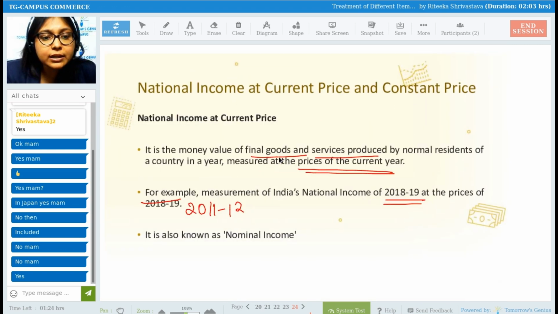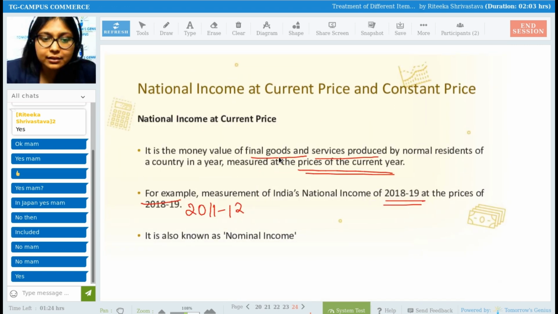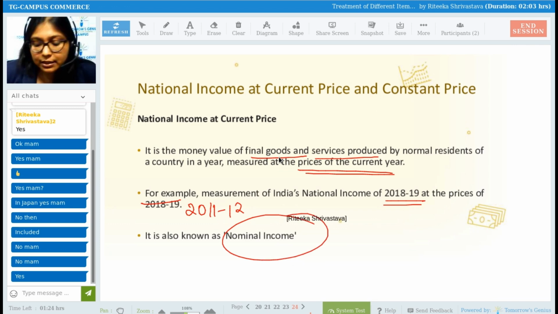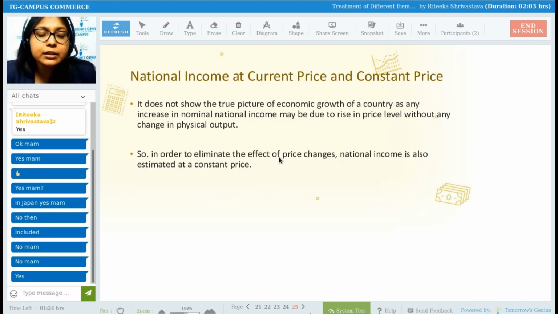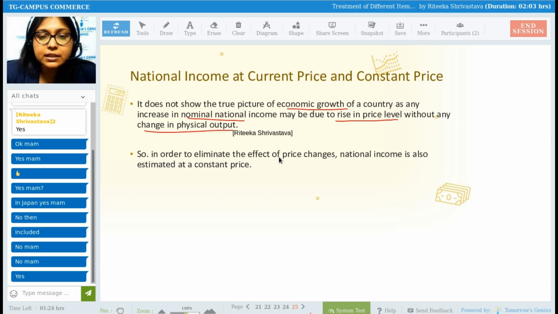This is nothing but national income at current price, and it is also known as nominal income. It does not show the true picture of economic growth of a country, as any increase in nominal national income may be due to a rise in price level without any change in physical output.